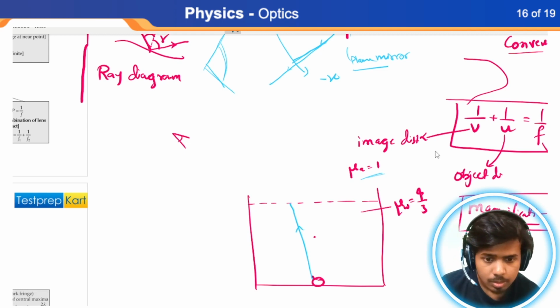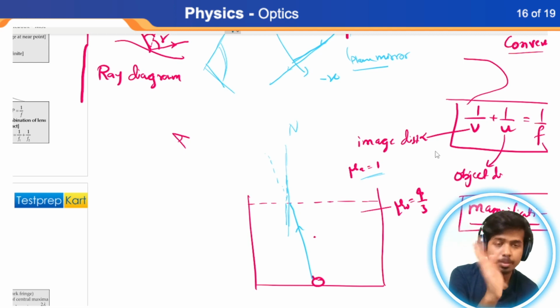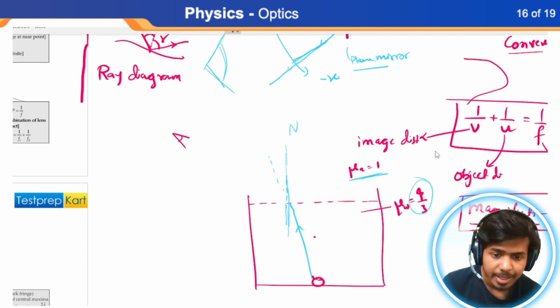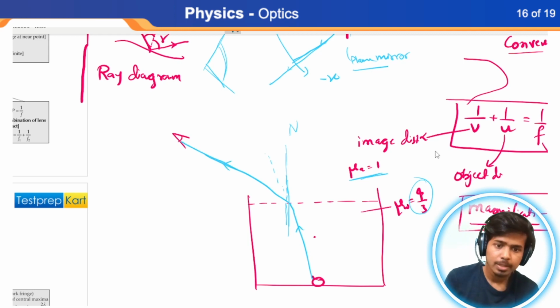This is the normal, right? This must have been a straight line, but it will not go inwards, it will not bend inwards because the medium is not higher, it is lower than 4 by 3. That is why it will bend outwards and it will go into the eye.